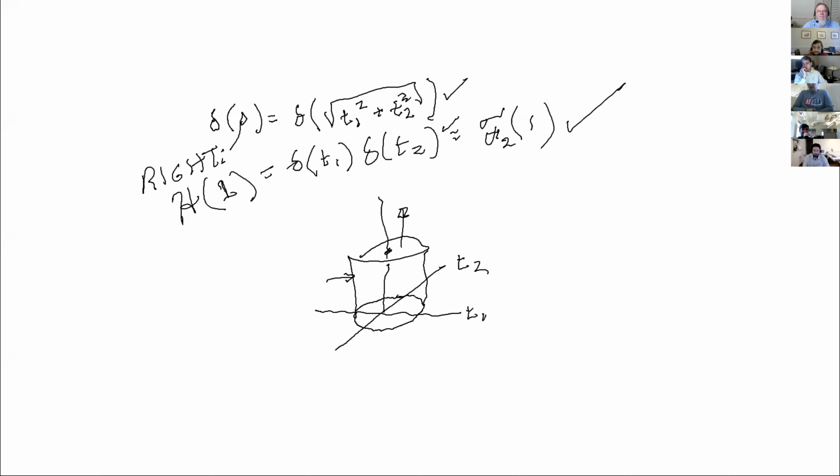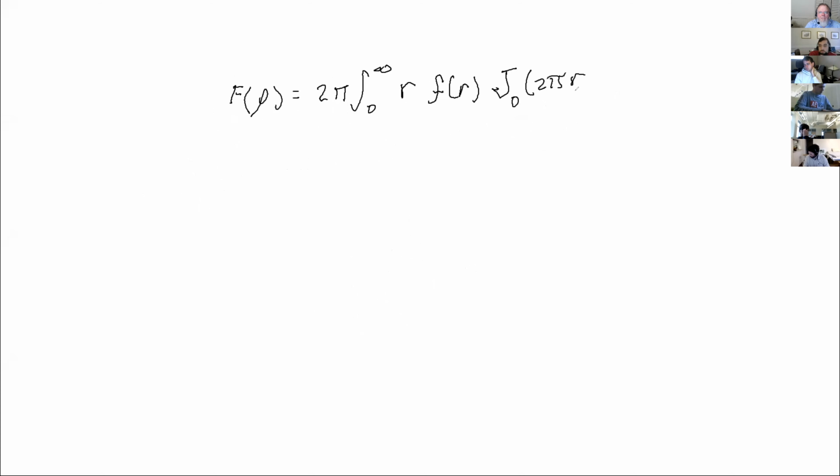Here's another way to do it. Here's another explanation. We know that f of rho, here's just the definition of a Hankel transform, right? That's the definition of the Hankel transform, correct?